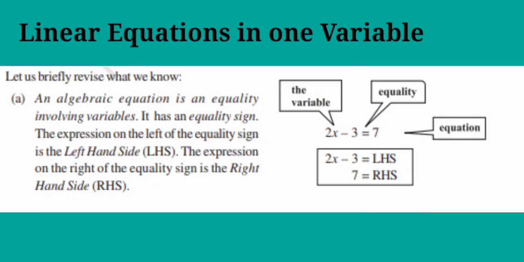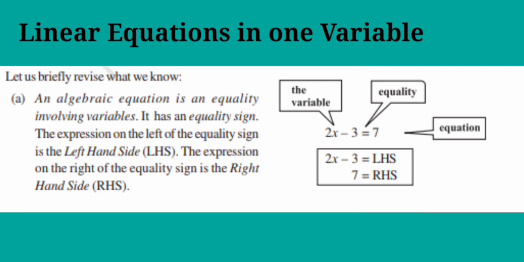Okay, now comes linear equations in one variable. This is not a new topic for us. We had studied this in class 7th. So, linear equations in one variable means that, first of all, only one kind of alphabet, because we mostly use alphabets for showing the variable, will be used in the equation, and the highest power of that variable will be 1.